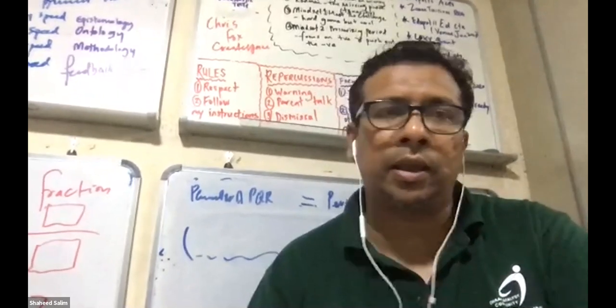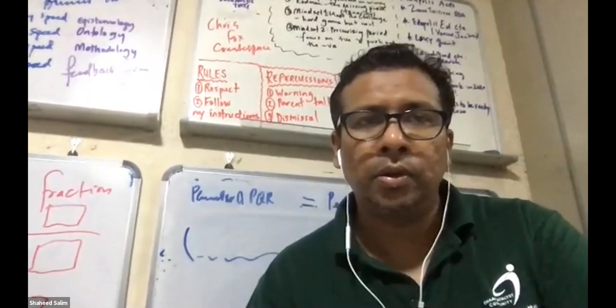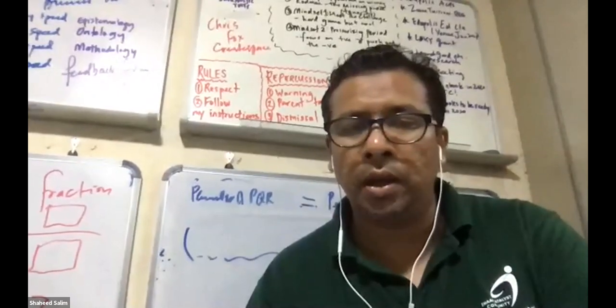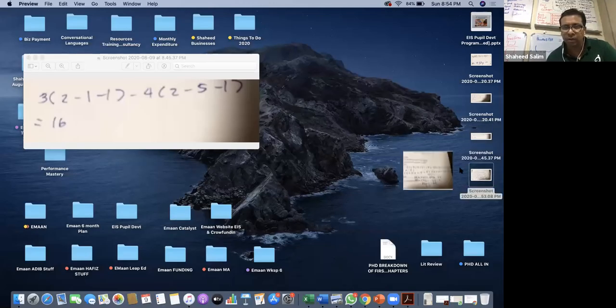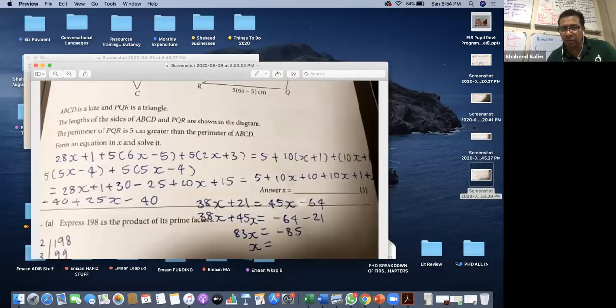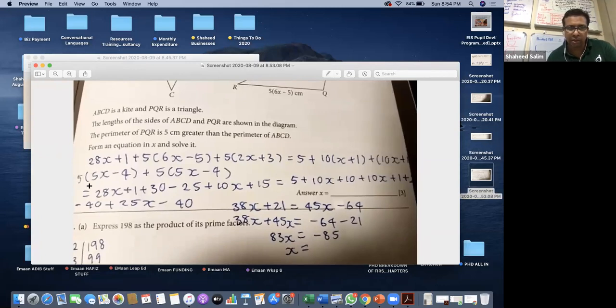Emma, put it down. I want to ask you about this part down here. Okay, all this down here is correct. This whole thing down here is correct, so this part on the left side is correct.